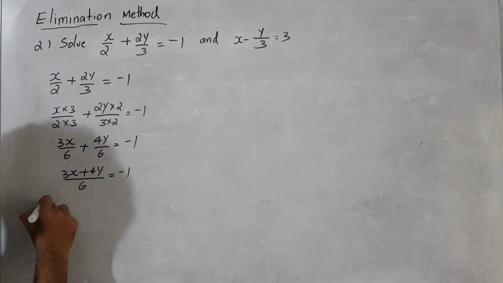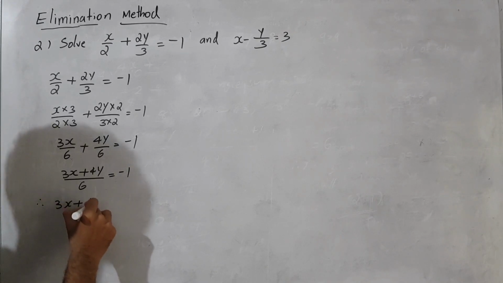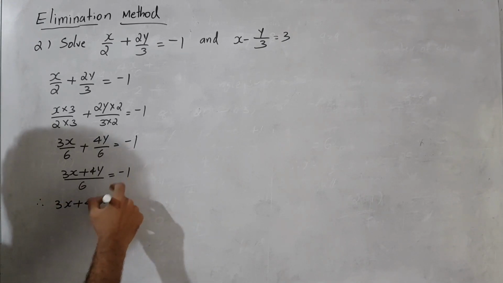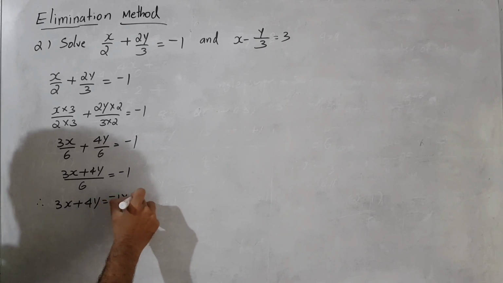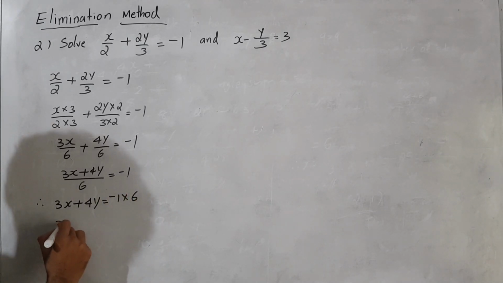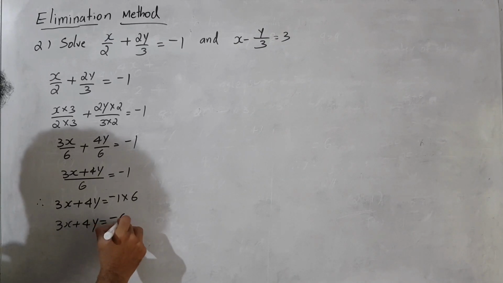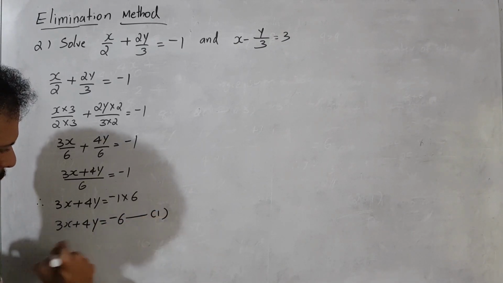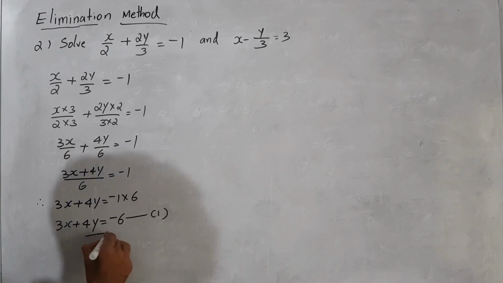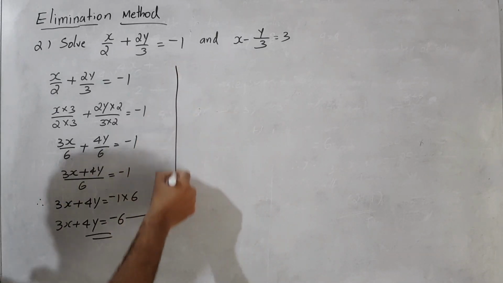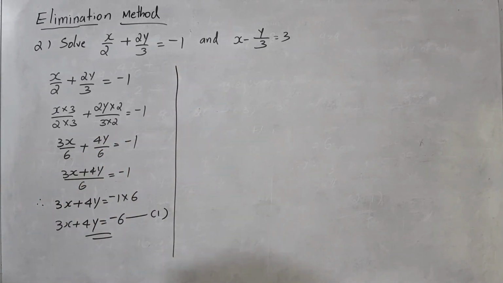So, therefore, 3x plus 4y is equal to minus 1 into 6. That is 3x plus 4y is equal to minus 6. Equation 1. Okay, that is equation 1. So, we take the next one. What is the next one?